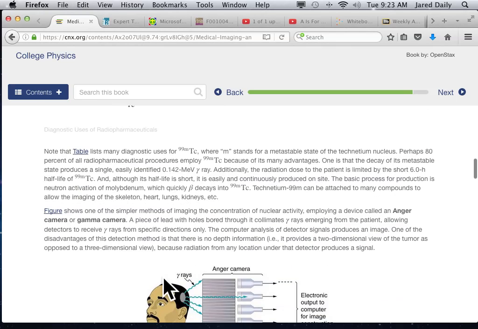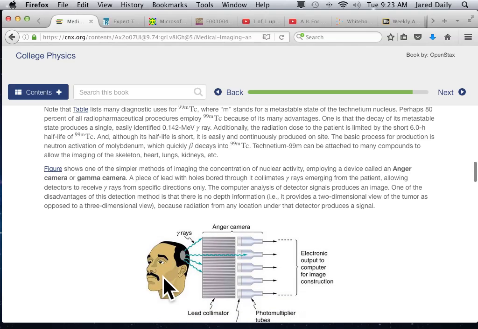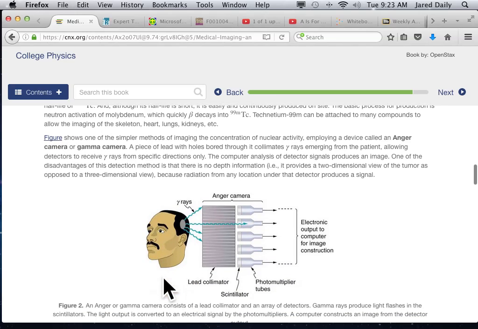And so here we're going to use what is called an angular camera. We actually saw one of these when we were in the museum the other day, in the section on black holes, where they had a telescope that was focusing X-rays.